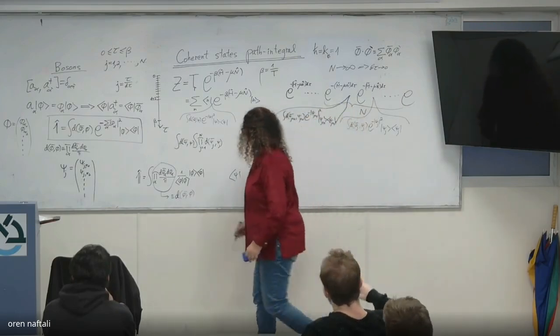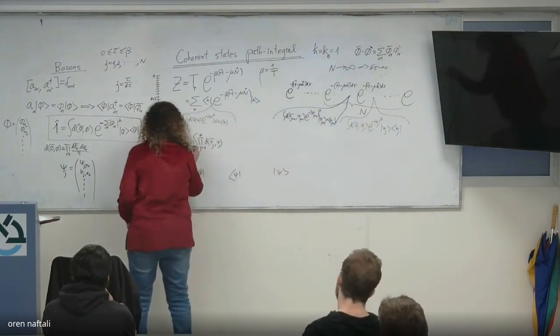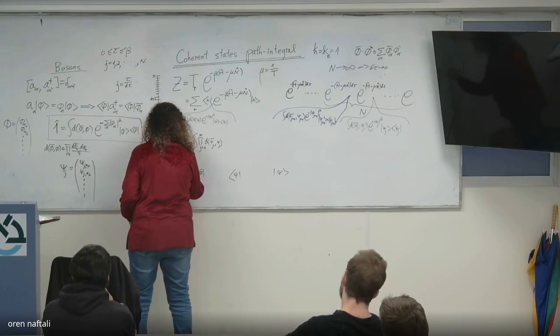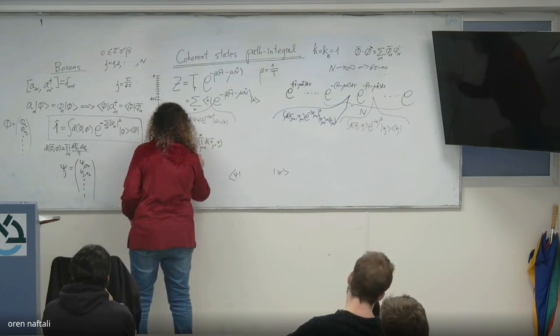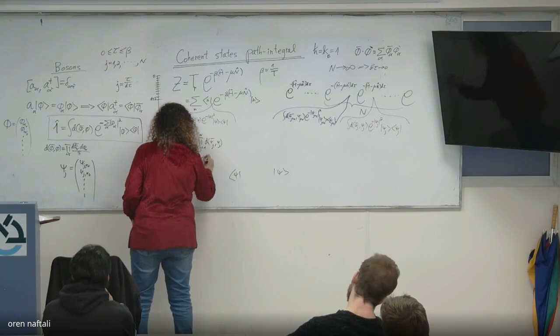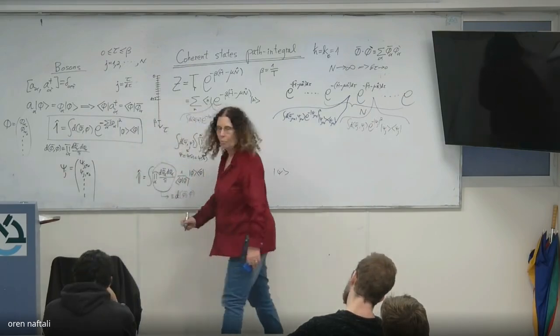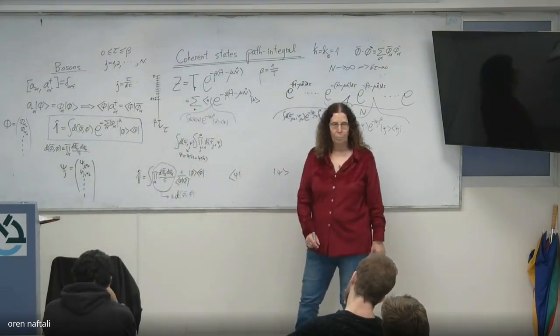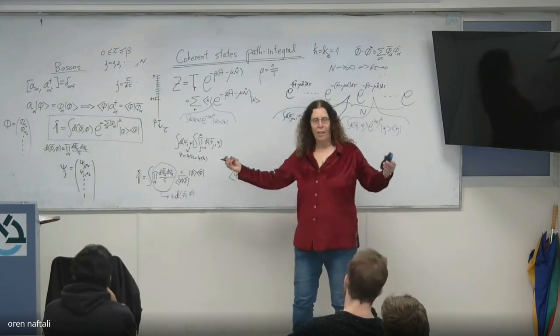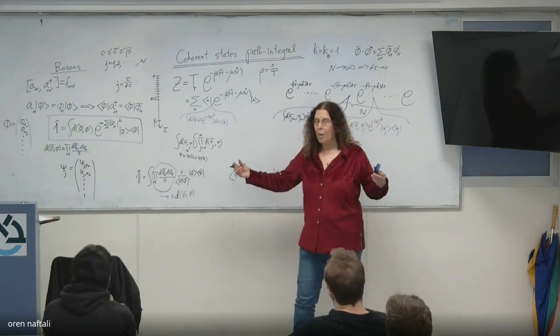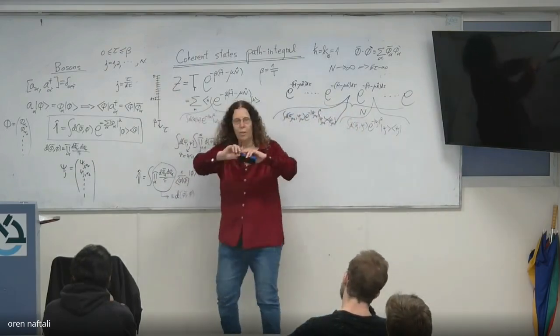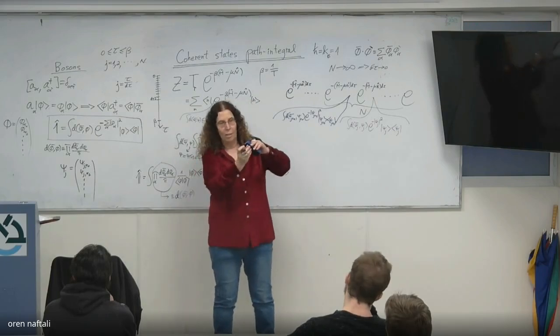So this additional integral is actually psi of 0, which is equal to psi of n. It's both the beginning and the end of the chain. So this line is actually not a line, it's a circle.